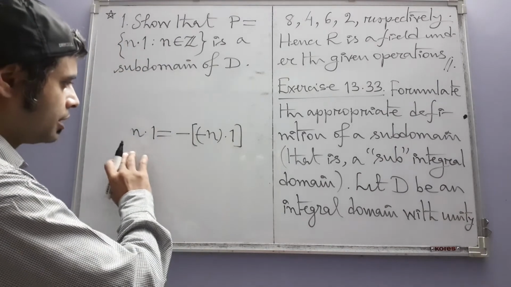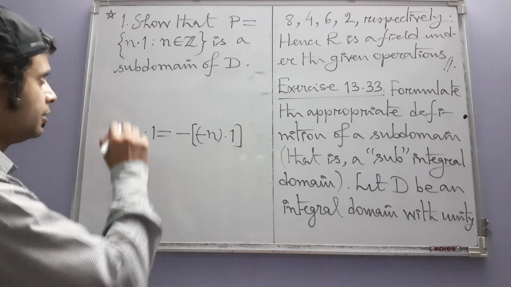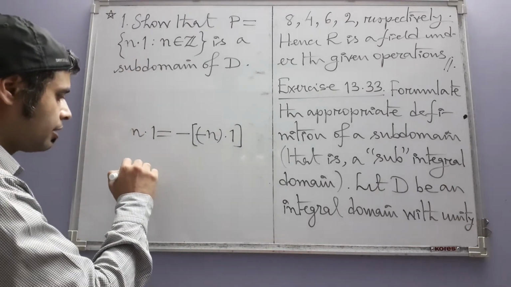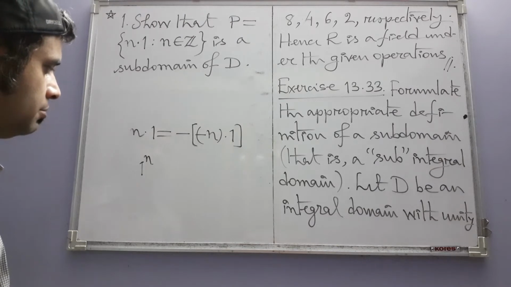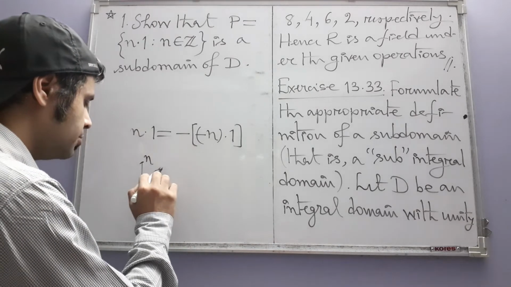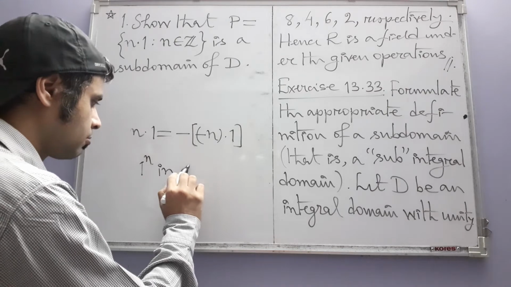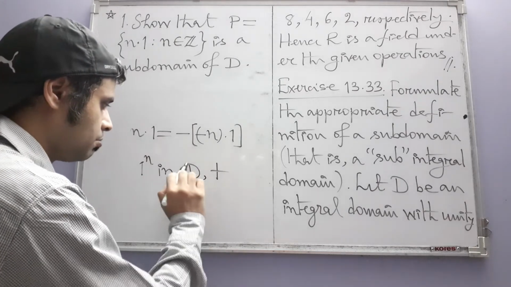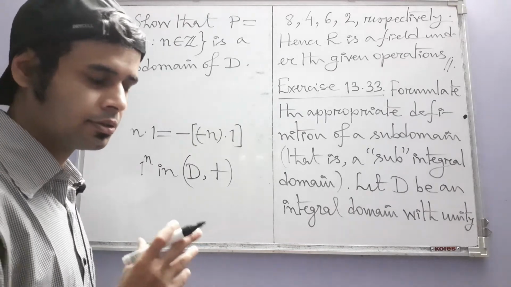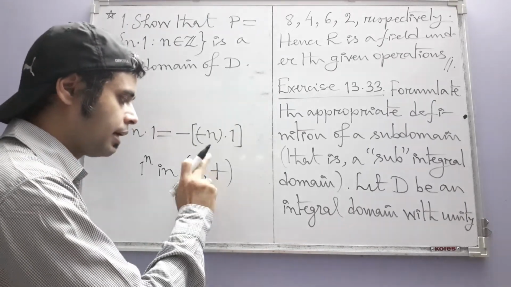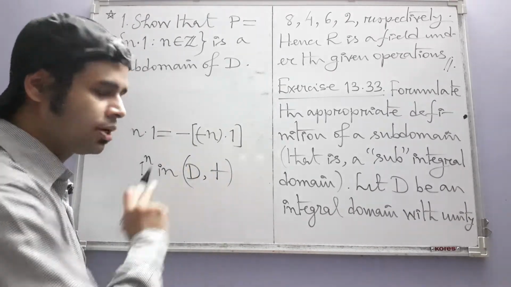Or instead of saying all these things, we can just simply interpret n dot 1 as 1 to the power n in this group. Because our integral domain D is after all a ring, under the addition that it has, it's an abelian group.